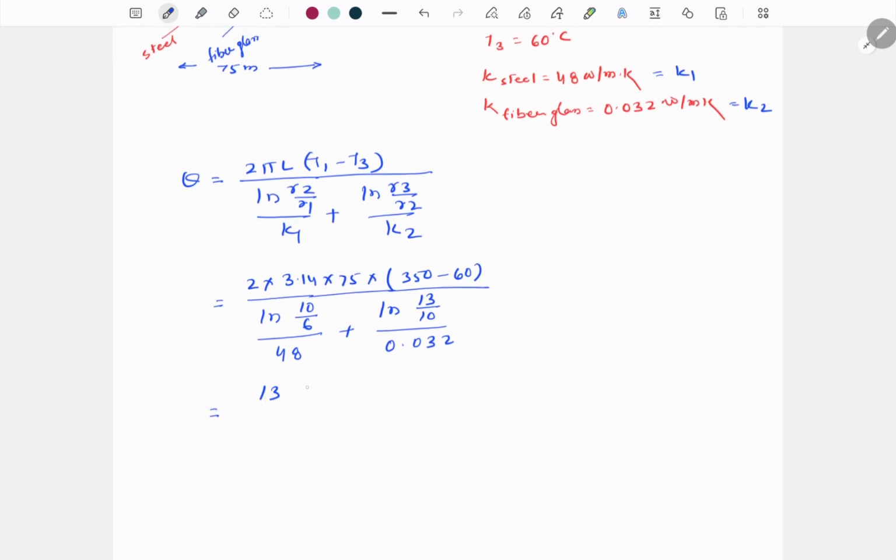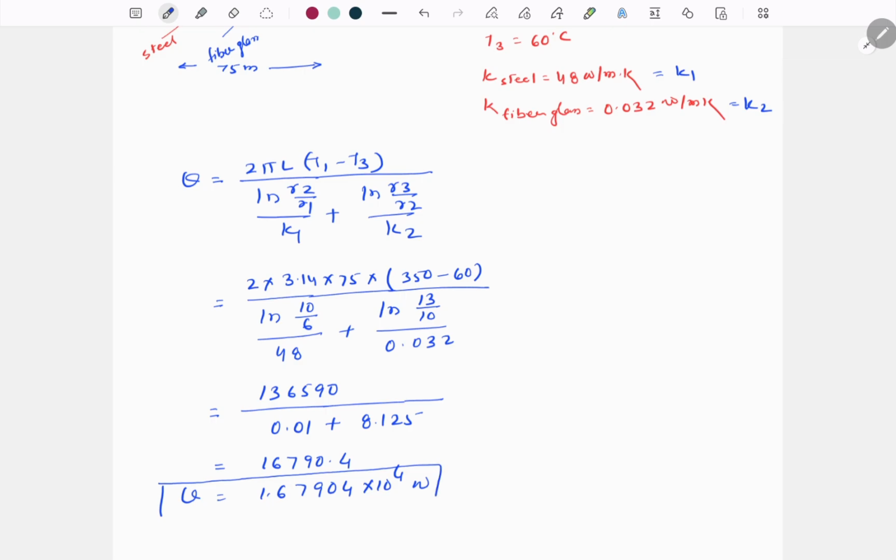You'll get 136590 over 0.01 plus 8.125, which is equal to 16790.4, or you can say 1.6790 into 10 to the power 4 watt. So this much amount of heat will transfer.